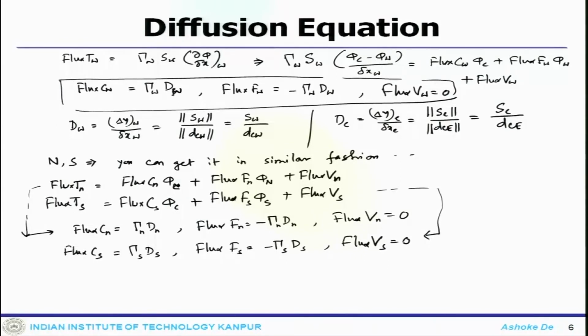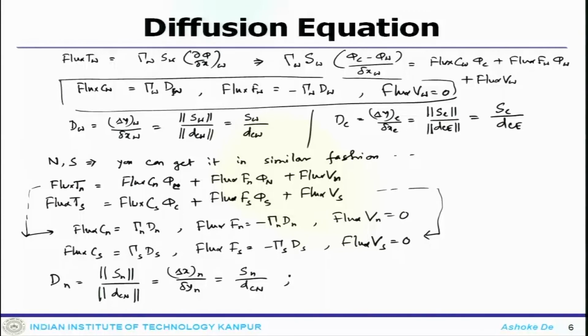So, you got all these coefficients, where your d n would be the magnitude of S n divided by d C n, which is nothing but your delta x n by delta y n, which is S n by d C n.